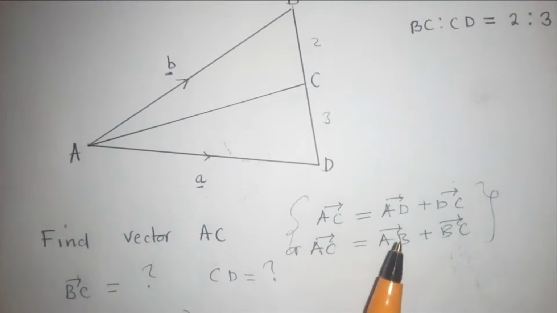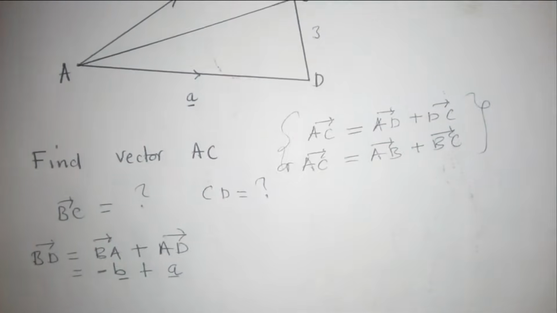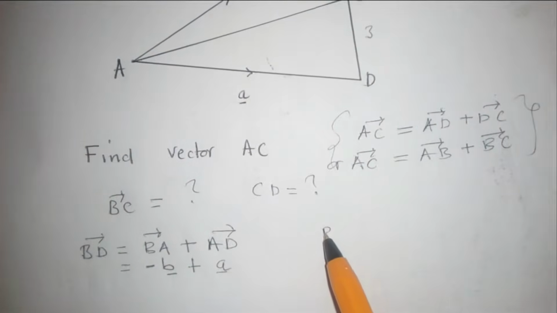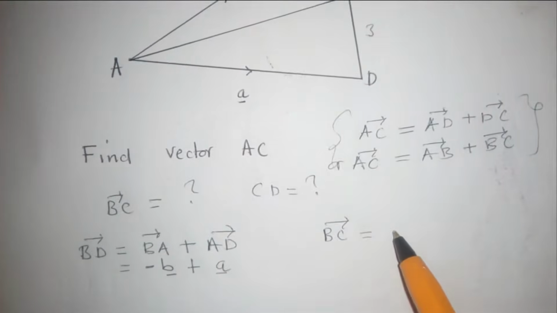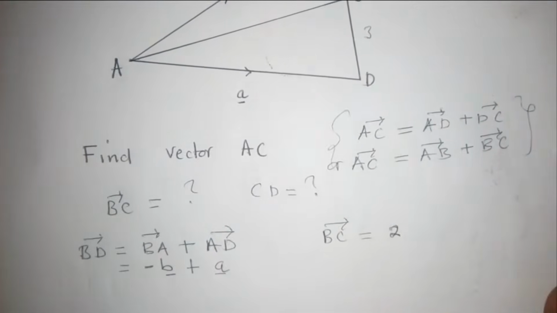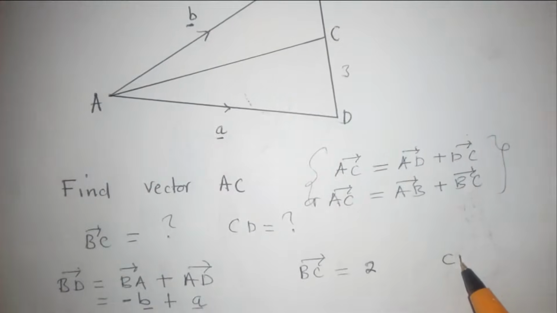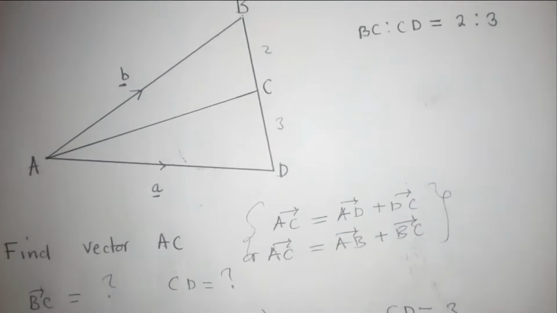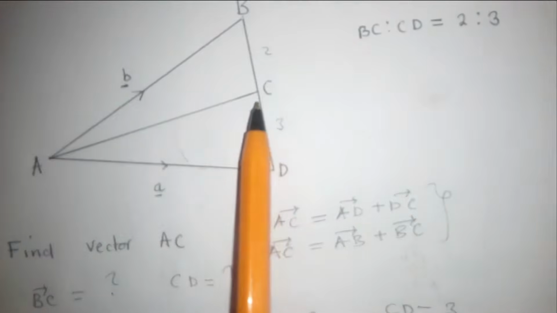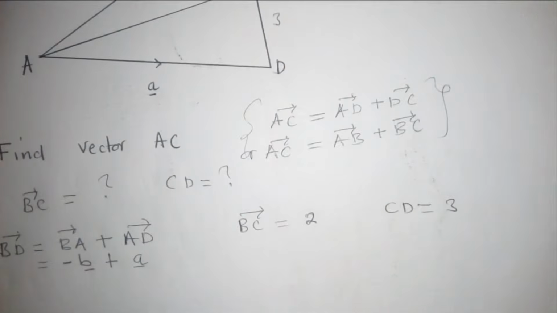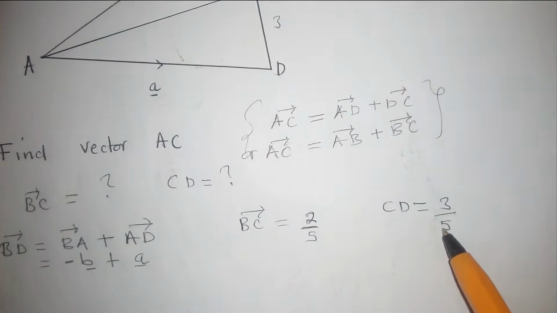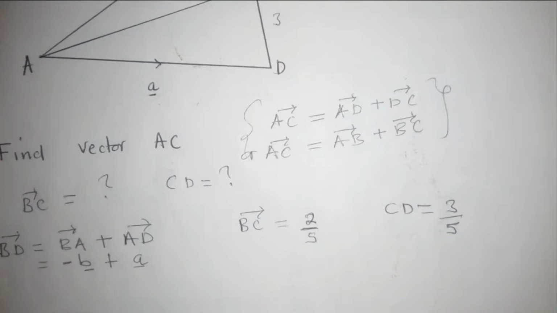Direction is very important. Since we have found this, now we'll get our ratios. We know that the ratio for BC is 2, and for CD is 3. So now we're going to divide by 5. You may be wondering where the 5 is coming from.